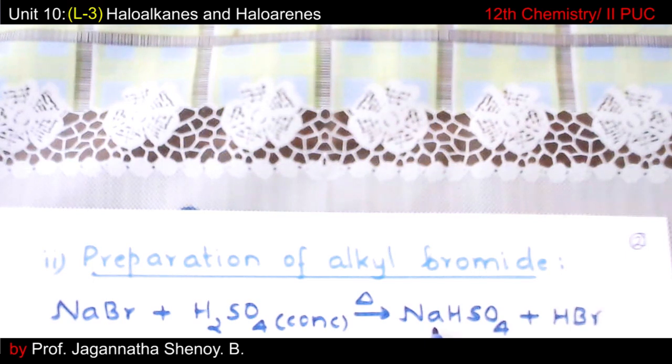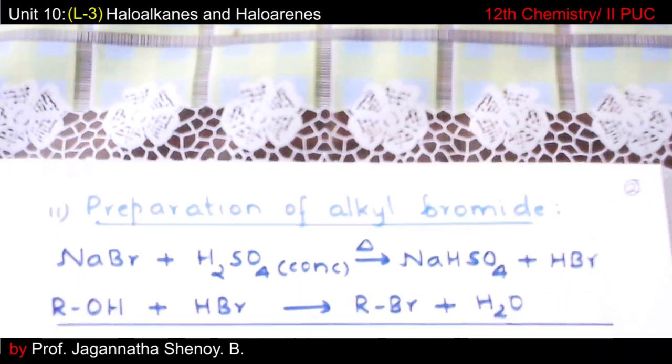Formation of Na2SO4 is not preferred because Na2SO4 forms a hard crust in the round bottomed flask that you have taken, and removal of that hard crust becomes very, very difficult. That's why we maintain temperature less than 180 degrees Celsius. So sodium bisulfate we will get.